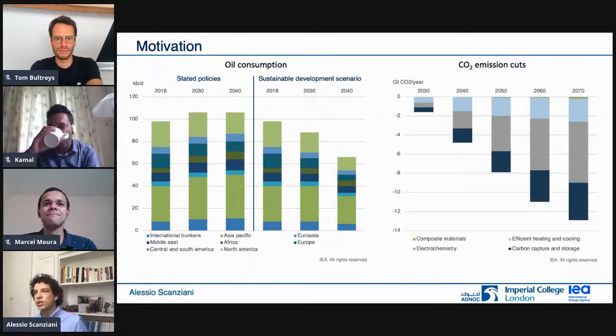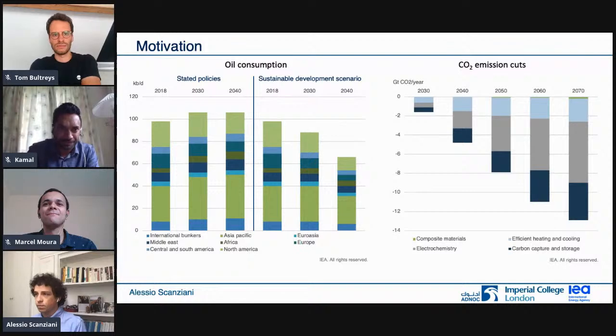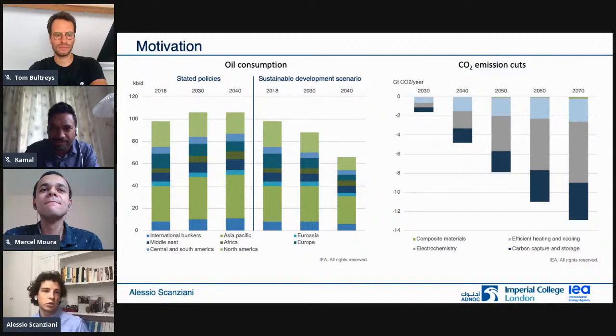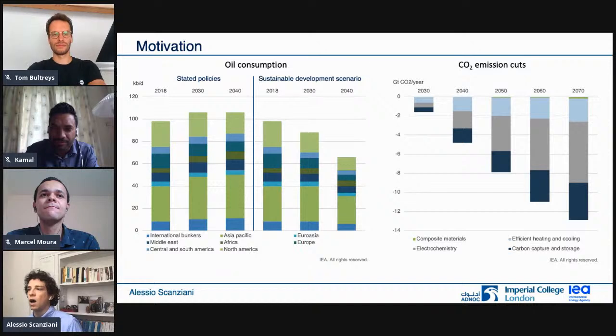So as a general motivation of my work, we know that in the next years we are still going to need oil for our lives. This is still used in the industry and covers 80% of total primary energy supply. The International Energy Agency develops two scenarios.